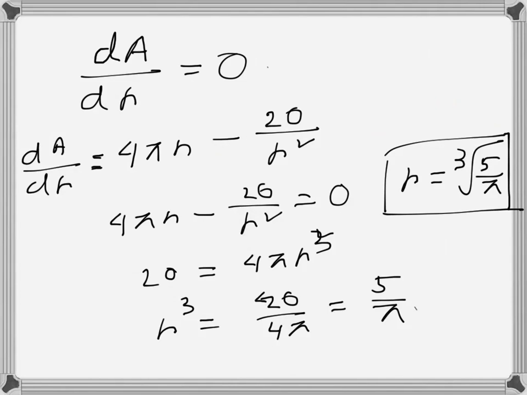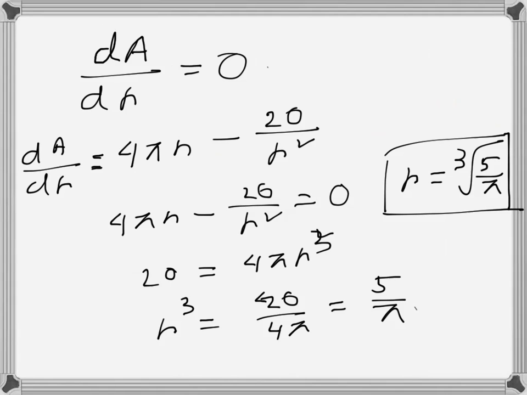This is the value of r for which A can be minimum or maximum. So we have to see whether that's minimum or maximum. In order to do that, we look at the sign of the second derivative, d square A over dr square.